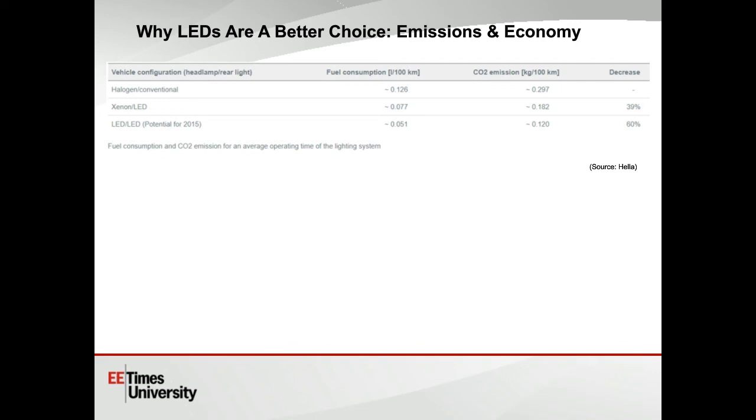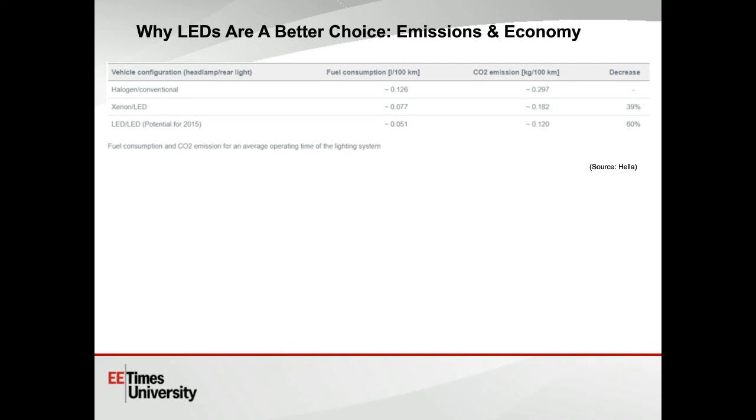And you can see here that the LED lights can save, per 100 kilometers, up to 0.12 kilograms of CO2 emissions versus the other options, even using a mixture of xenon and LEDs there. And the decrease is 60% relative to conventional lighting and 39% relative to xenon and LED lights.